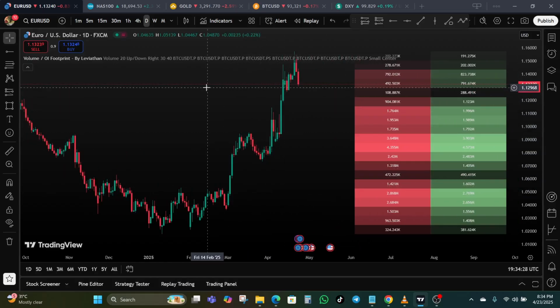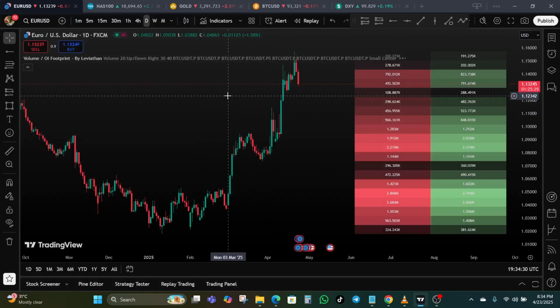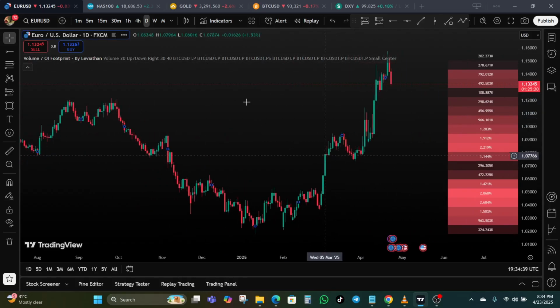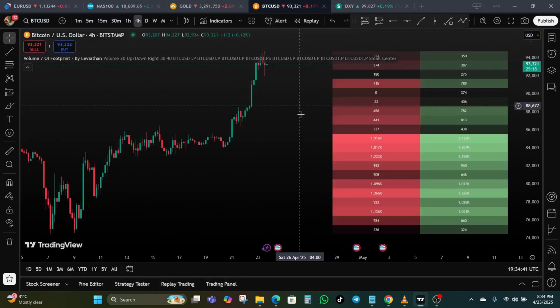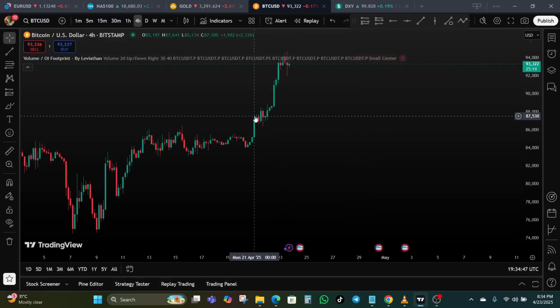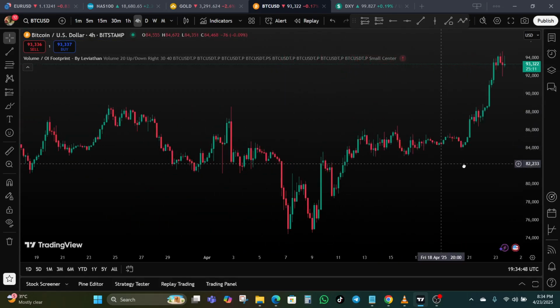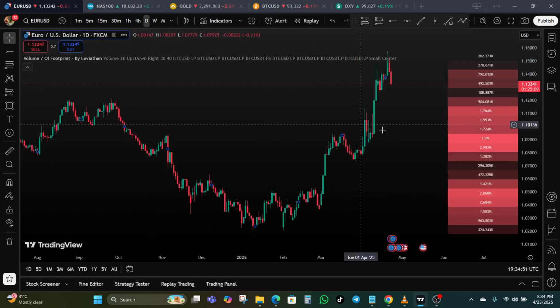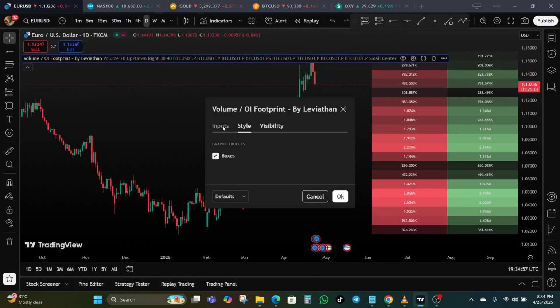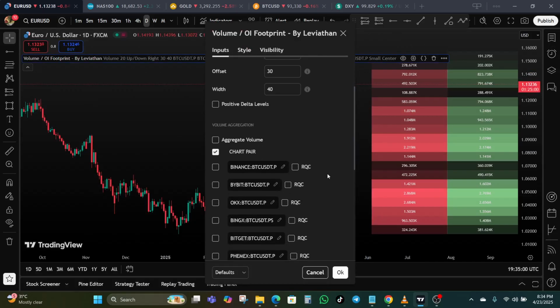If you understand what just happened, I was seeing BTC USD and initially I was not seeing anything on the chart, so I had to go to BTC USD just to confirm if this indicator works only on BTC USD. But I think we can both confirm that it is not only on BTC USD that it works. So let's go to the settings of this indicator and see what all those BTC USD are for.